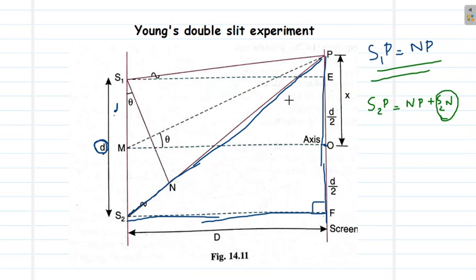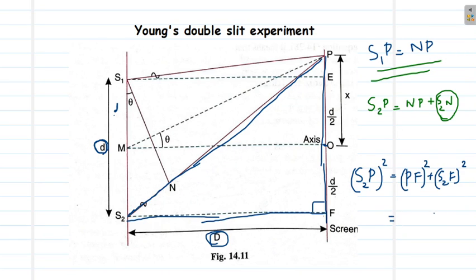And for the hypotenuse S2P, I can write an equation: S2P square is equal to the distance PF square plus S2F square, right? Now clearly this S2F is equal to the distance between the screen and the slit, which is capital D. So instead of S2F, I can write D square.